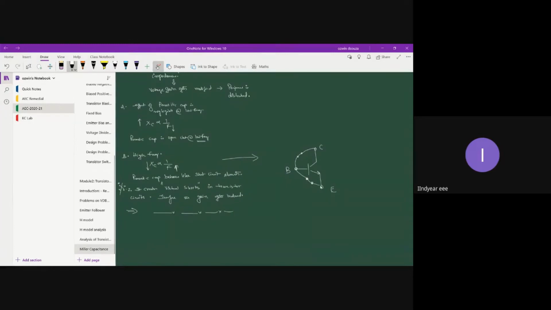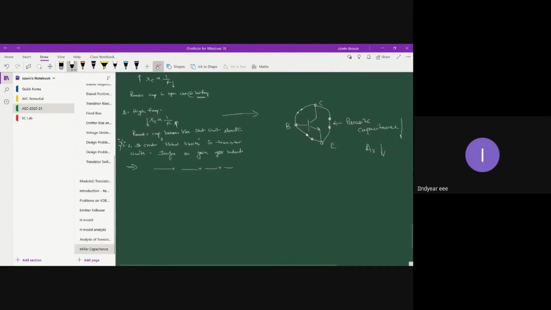Indirectly, all the electrodes will be short circuited due to parasitic capacitance. Due to this effect, voltage gain dips, and obviously the amplification will not be that good because of the dip in voltage gain.